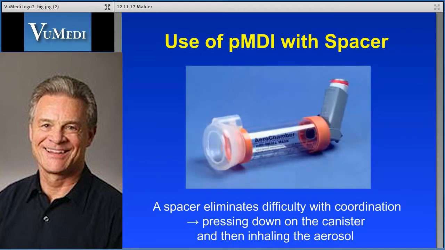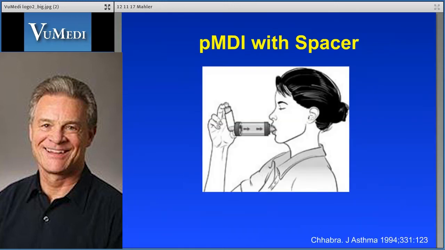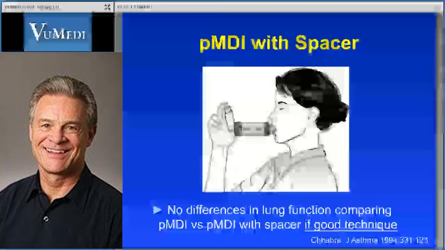The metered-dose inhaler may also be used with a spacer or holding chamber. The benefit of a spacer is that it eliminates difficulty with coordination, that is, pressing down on the canister and then inhaling the aerosol.